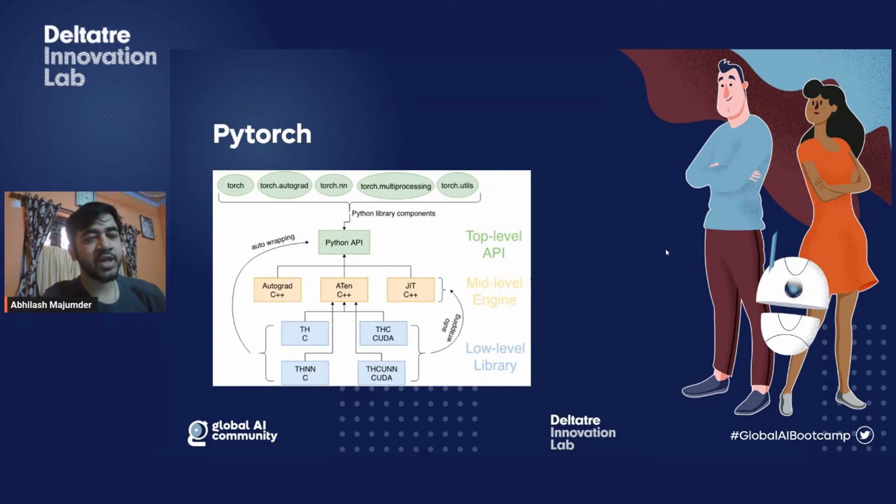Coming to that aspect, two of the most popular frameworks that we see today in the market are Google TensorFlow and PyTorch from Meta or Facebook. Both of them have their own advantages and disadvantages, but the main similarity between these two frameworks is the way they approach different models, right?